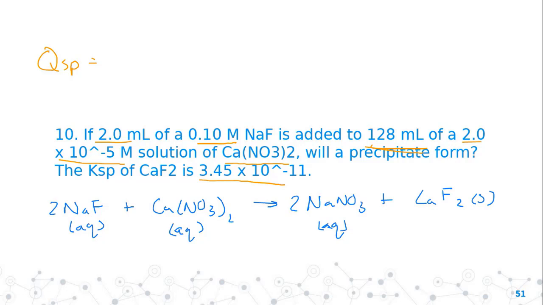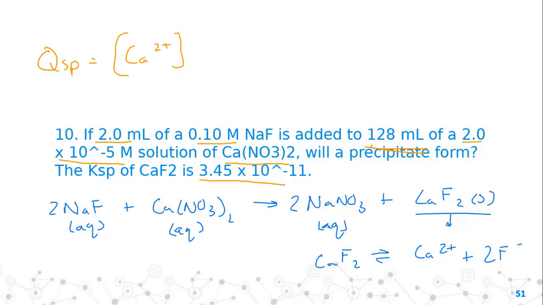All right, so back to doing the QSP. Actually, let's continue on with this one portion real quick. This is the reaction we're really concerning ourselves with here. It's going to make calcium 2 plus, and then 2F minus. Now we can go back and form our QSP. So we have Ca 2 plus, and then we have F minus squared.